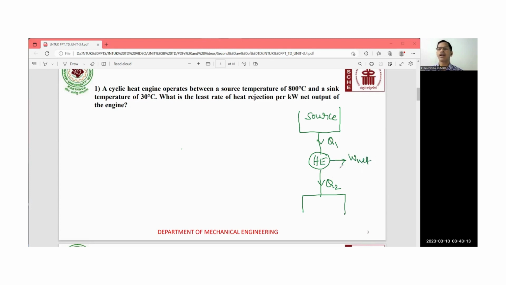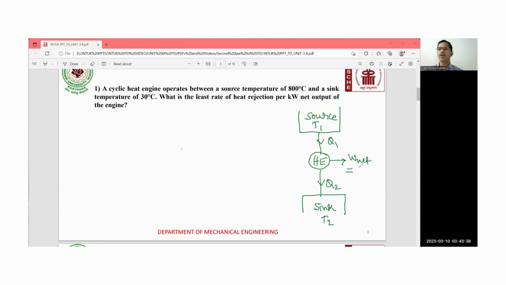Heat engine is a cyclic device operating between the source and the sink, by exchanging heat from the source and rejecting some amount of heat to the sink, it produces some net work output.